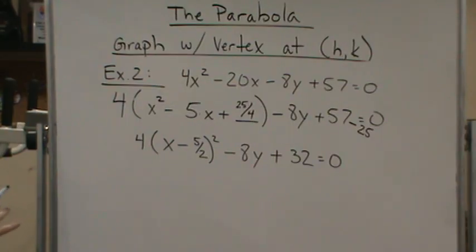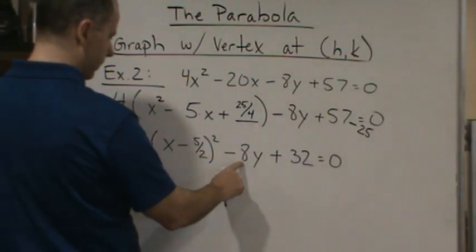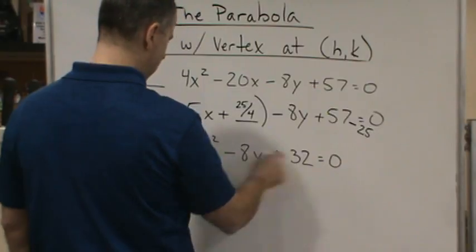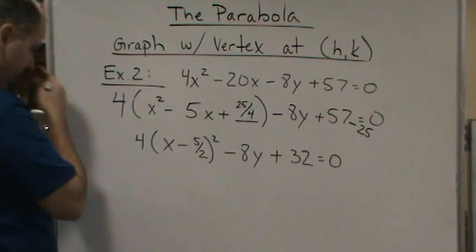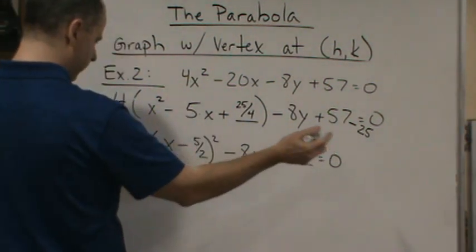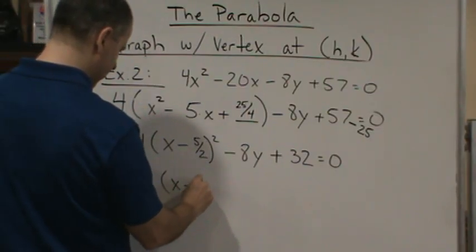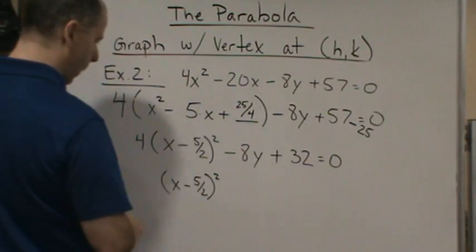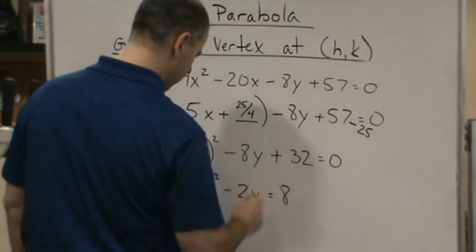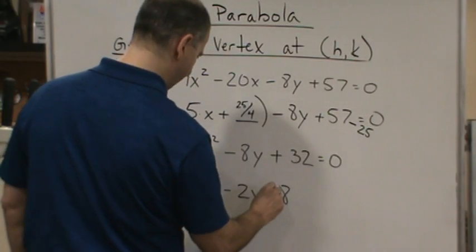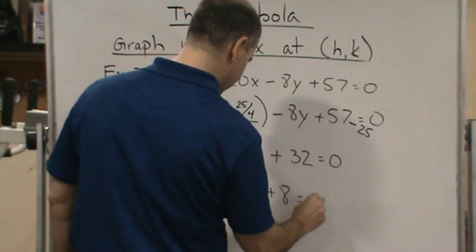Now what I'm going to do is divide everything by 4, because I notice there's a common factor of 4, and this is equal to 0. So if I divide everything by 4, I get the same solution set. Because I got a 0 here, I can just divide out the 4. So this is going to become x minus 5 halves squared minus 2y plus 8 is equal to 0.